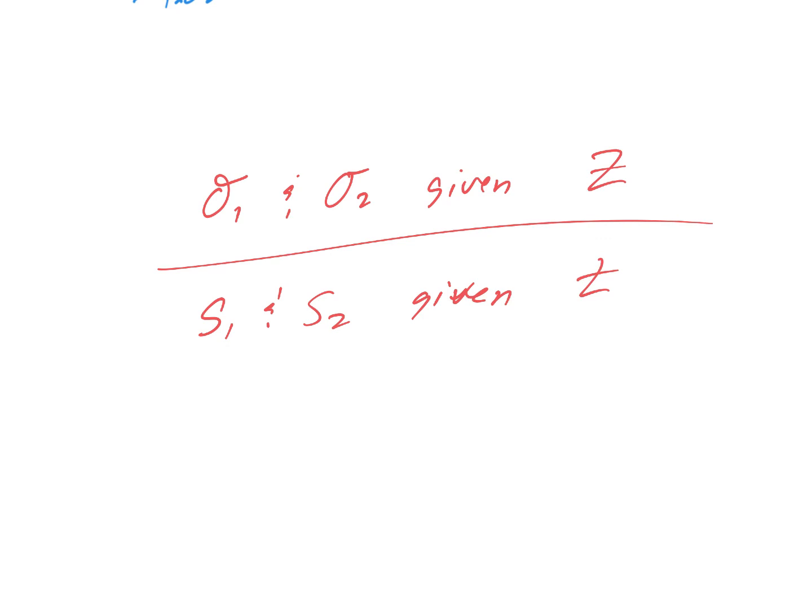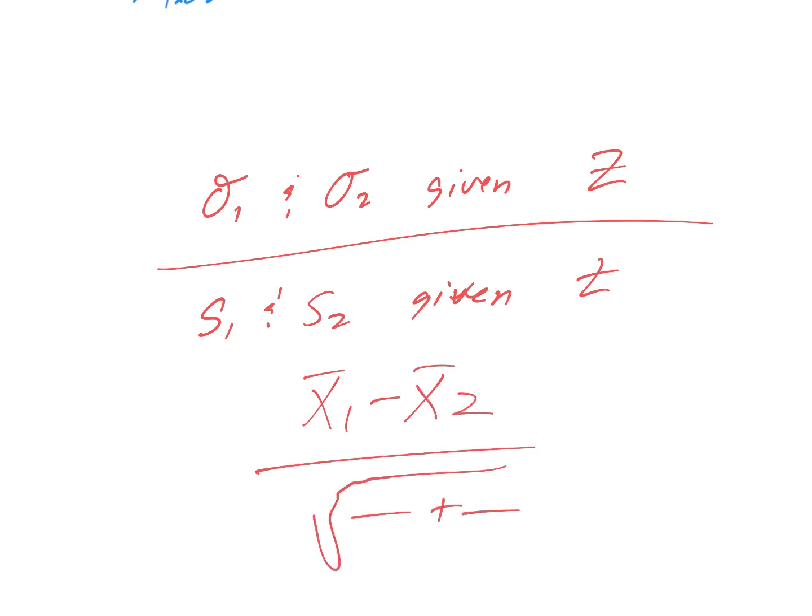The set formula for each of those is going to be what? X bar 1 take away X bar 2, over the square root of two fractions. This is N1, this is N2, and this is going to be sub 1 squared and sub 2 squared, and it's either the sigma or the S. So it's the same formula to find our Z or T. All you're doing is replacing sigmas and S's.